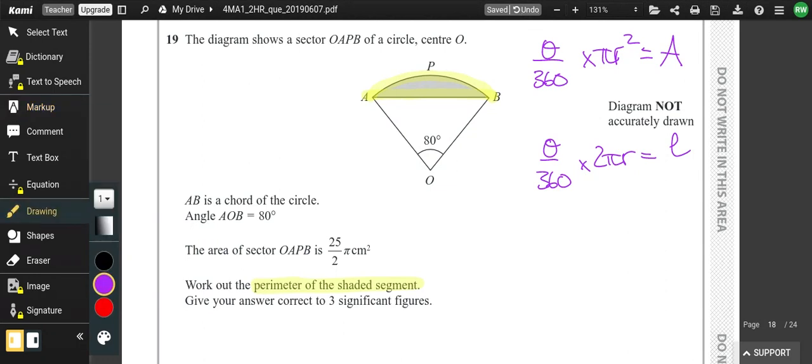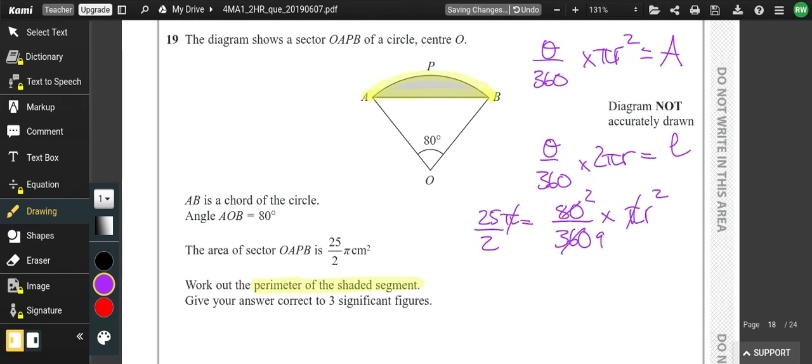Let's see what we have to do. Area of the sector is 25 pi over 2. And that is equal to theta over 360 times pi r squared. We can cancel the pi's. 80 over 360 is 2/9.